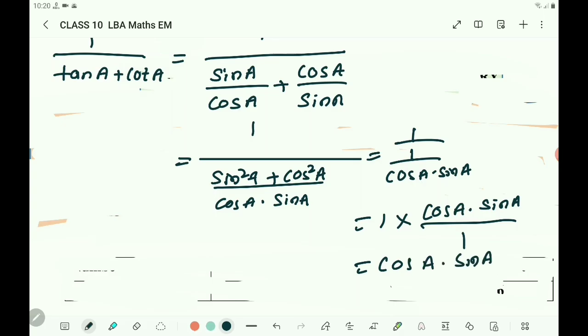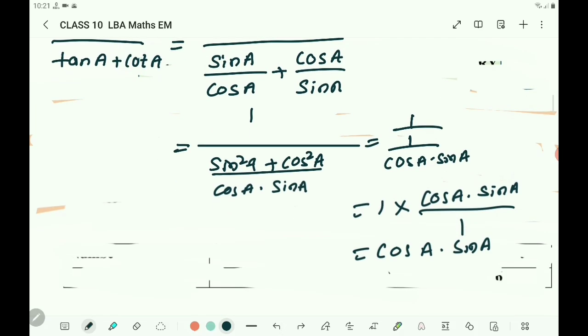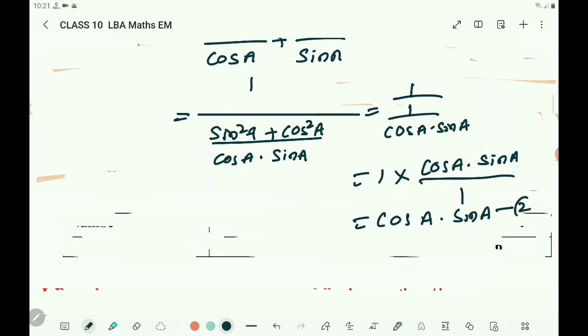You got the same result for this also. Therefore you can consider it as 2 from first and second.